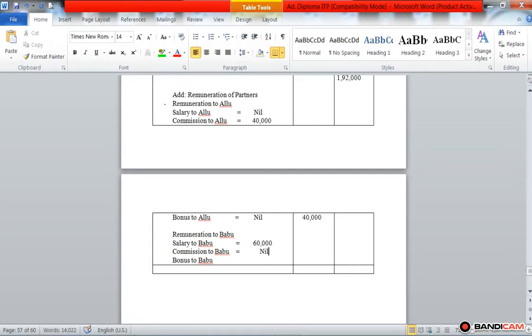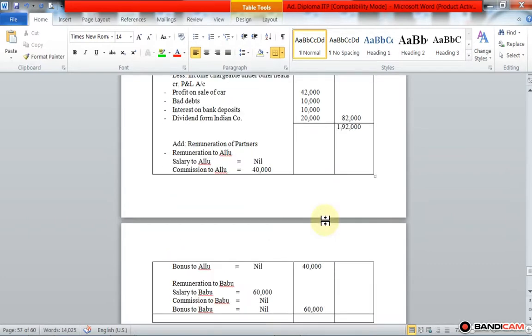And bonus is also not given to Babu, so amounting column is nil. So total remuneration paid to Babu amounted to rupees 60,000.